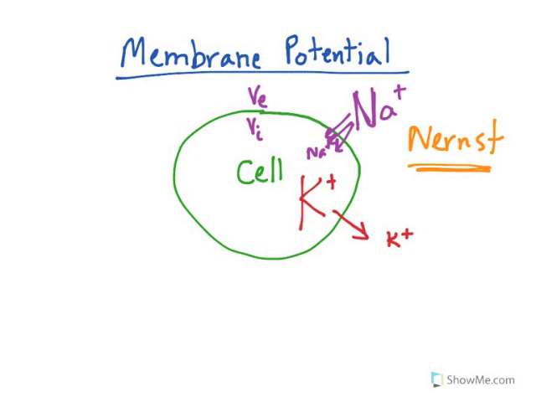So V_e is the potential of the extracellular, V_i is the potential of the intracellular. The membrane potential, we'll call it V_m, is defined to be equal to the difference between the internal and external potentials. So this is the definition of membrane potential here.